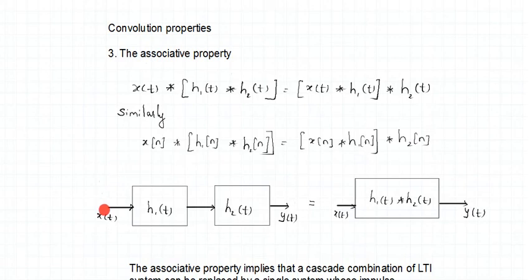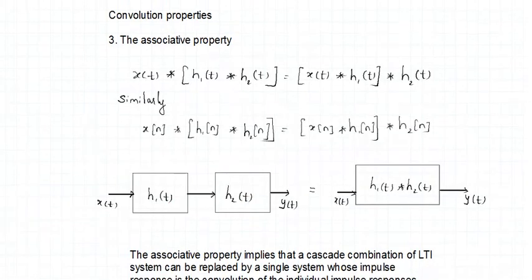Instead of this, we can show the entire cascaded system with a single system, right? We can perform convolution of h1(t) and h2(t) first, get a new system, then give the input to this and get the output y(t). This y(t) is similar to y(t) if you perform individual convolution of the systems connected in cascade.